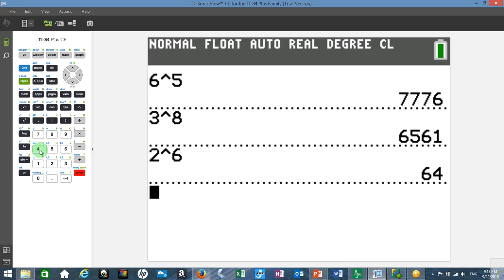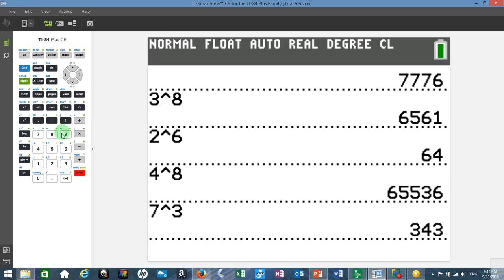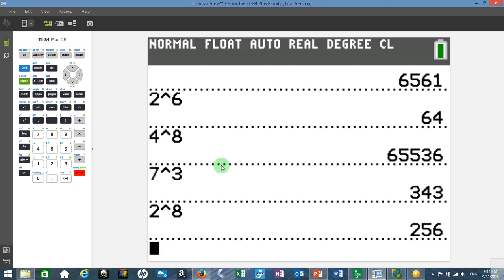If I want to make 4 to the 8th power, oops, make sure you hit the button, Hubert. 4 to the 8th power, it's going to give you that number. 7 to the 3rd power, and so on. 2 to the 8th power. Calculator will work. Calculator will do good things for you as long as you don't depend on it.